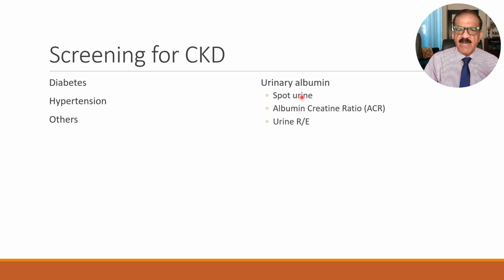You know, the spot test would measure the absolute amount of protein in the urine at that time. If urine is concentrated, the value would be more. If urine is diluted, depending upon the patient's status of hydration, the value may be less or albumin may be negative. But this one will correct with creatinine. So if the patient is dehydrated, both will be concentrated, and if the patient is well hydrated, both will be diluted. So the ratio will remain unchanged.